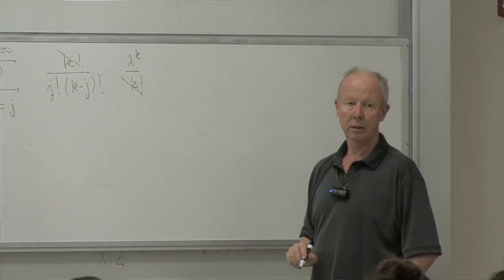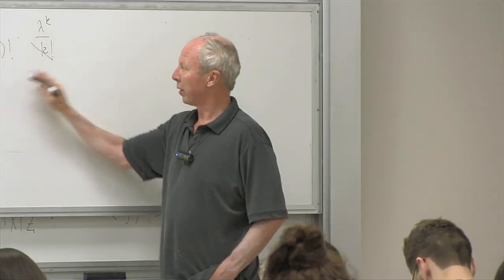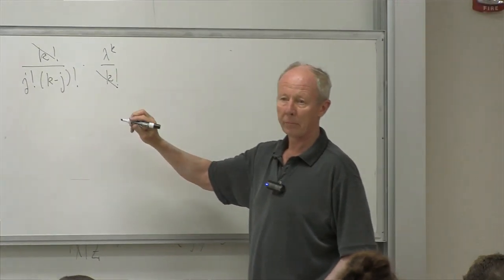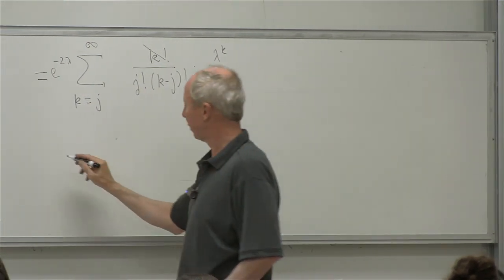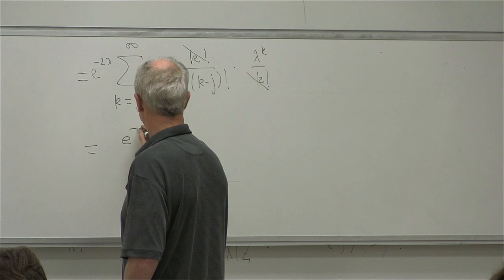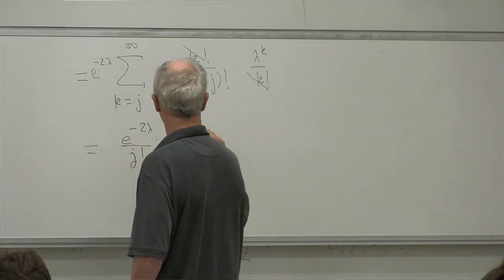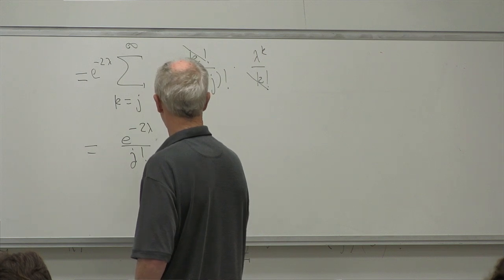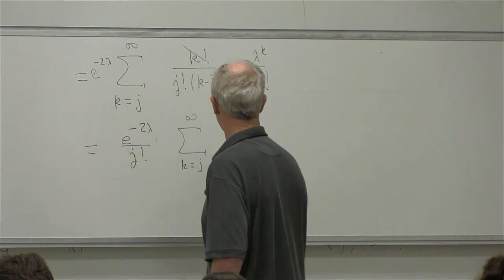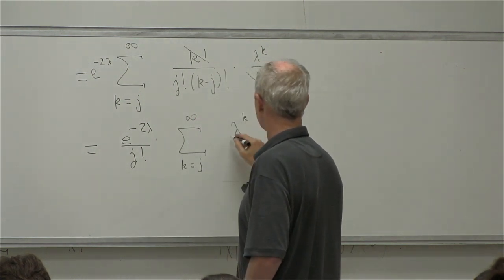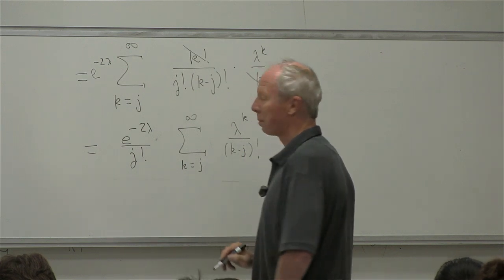Now what? Is there anything in here that doesn't depend on the index of summation? The j factorial. So in the next step, let's factor that out. And then what's left? We have the sum for k equal j to infinity, lambda to the k over (k minus j) factorial.